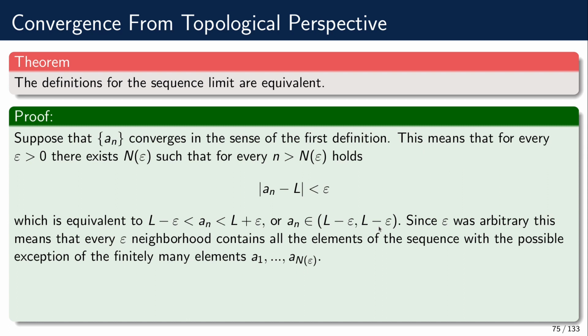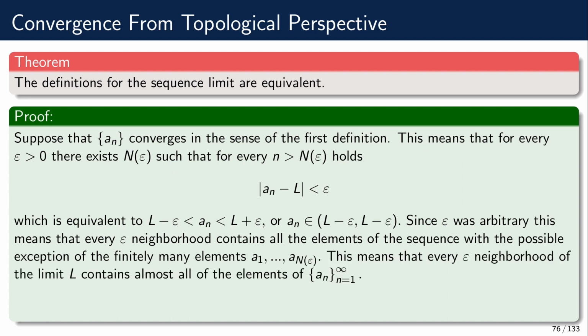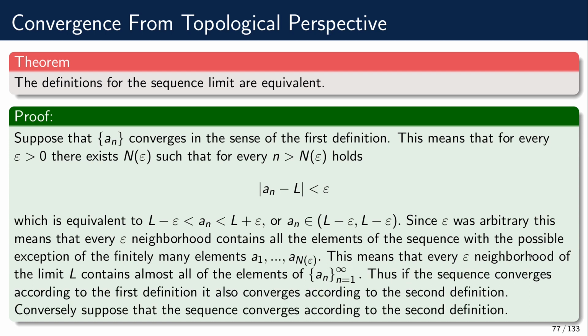So this epsilon neighborhood contains almost all the elements of the sequence, except maybe for finitely many. And since epsilon is arbitrary, this means that every epsilon neighborhood contains almost all elements of the sequence. This is how strong this definition is. So if the sequence converges according to the first definition, it also converges according to the second definition.